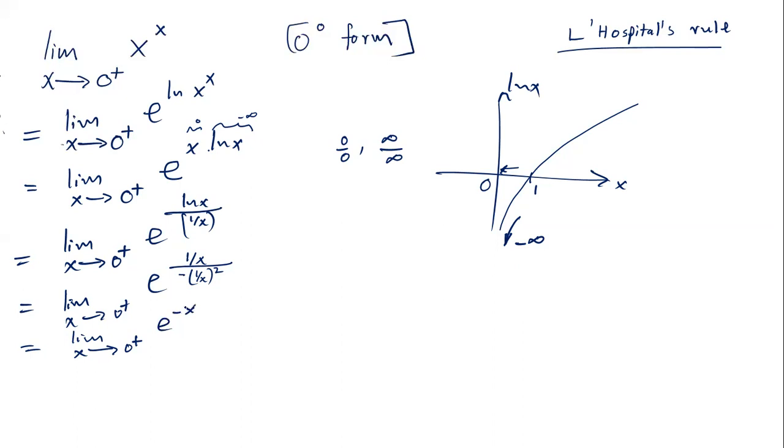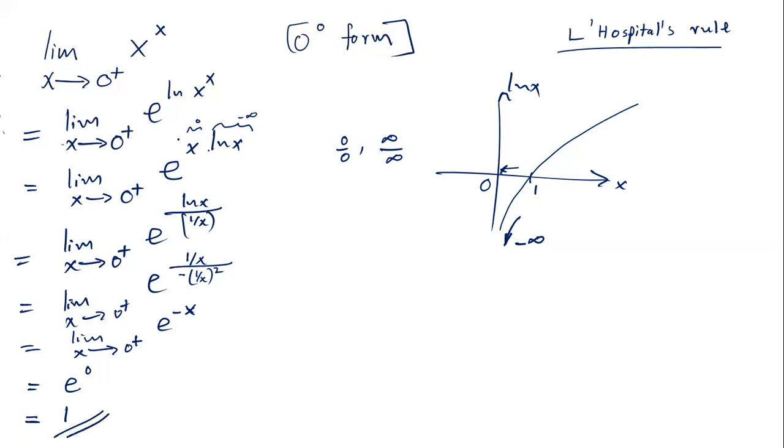Now when x tends to 0 from the positive side, this x will become 0, and minus into 0 is 0, so this will be e to the power 0. And the answer would be e to the power 0, which is 1.